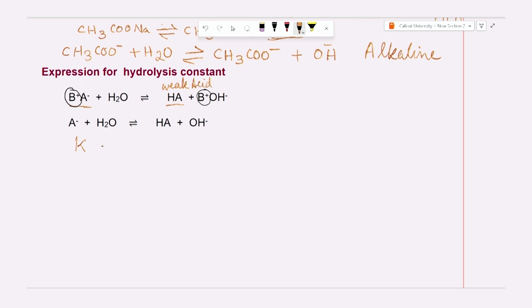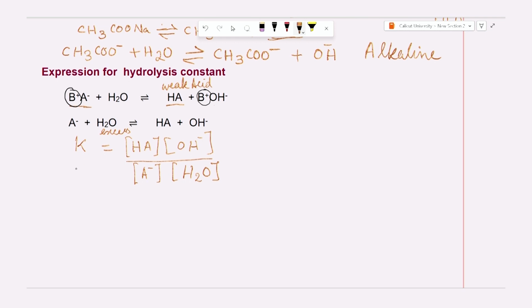So, K is equal to concentration of HA into concentration of OH minus, whole divided by concentration of A minus into concentration of H2O. Now, since water is present in excess, that can be taken as a constant.